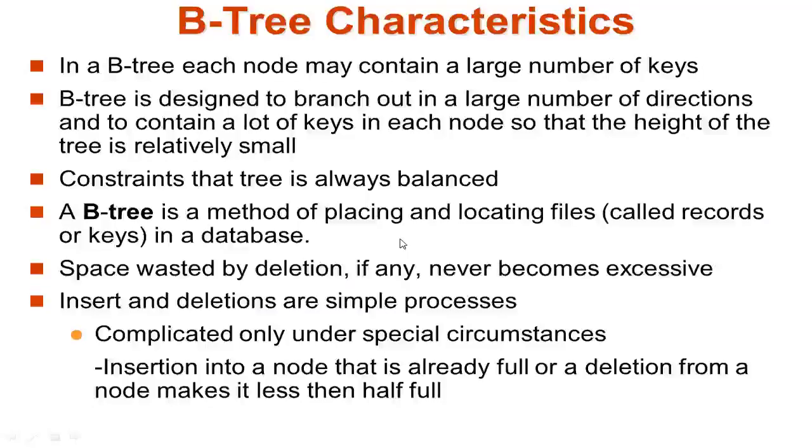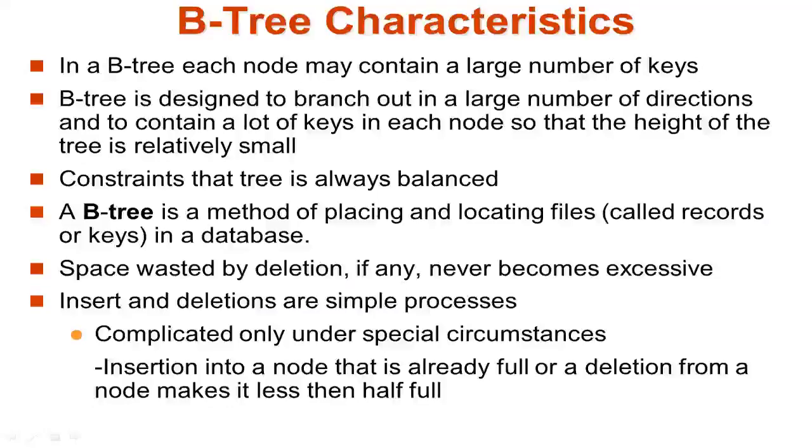That means there is no point in worrying about wasting space by deleting a record, because it is going to save your space as well as do the self-balancing work. Then insertions and deletions are simple processes. When you try to insert any particular element in the B tree, that is a very simple process, and deletion can also be done very simply.